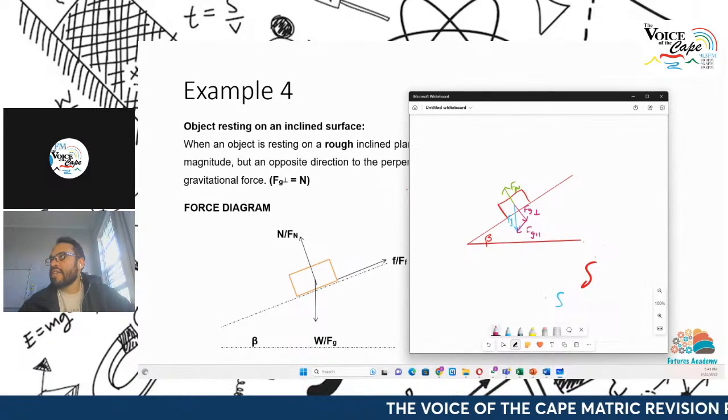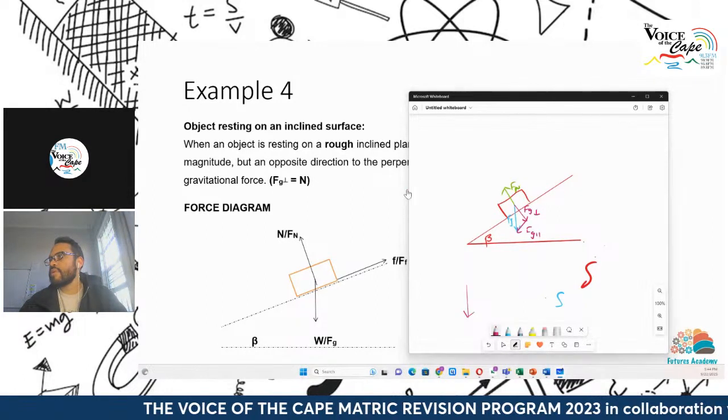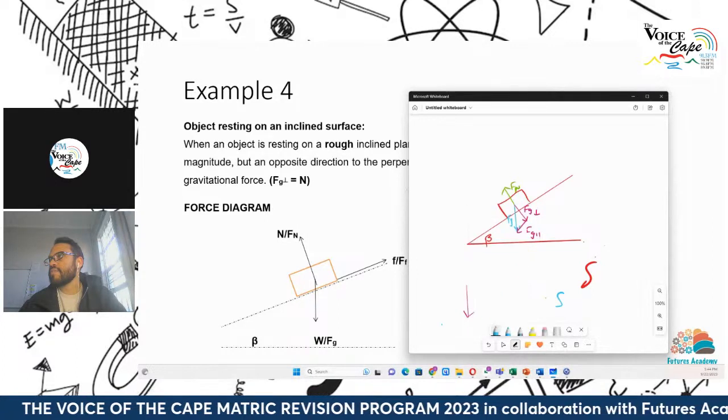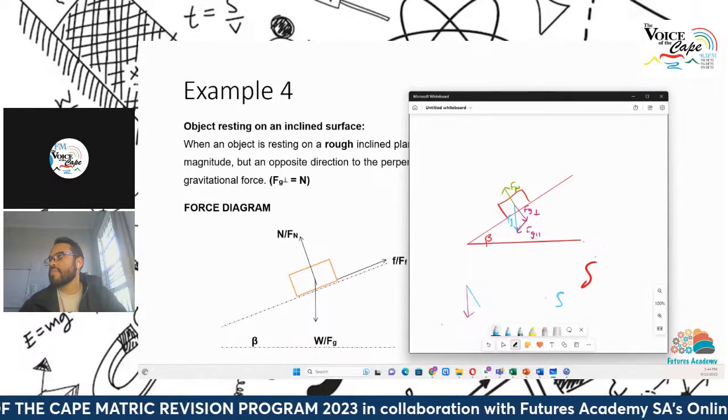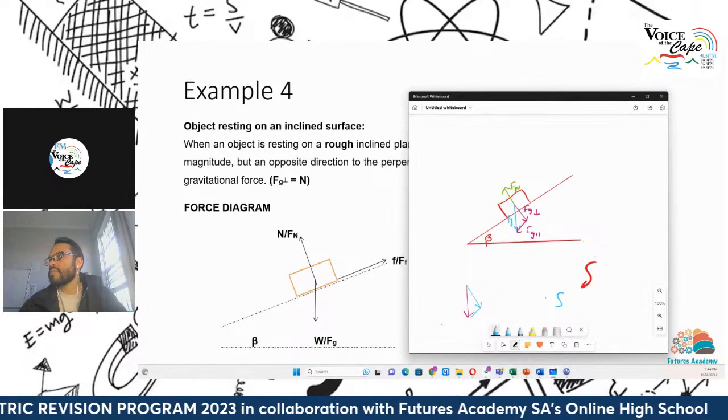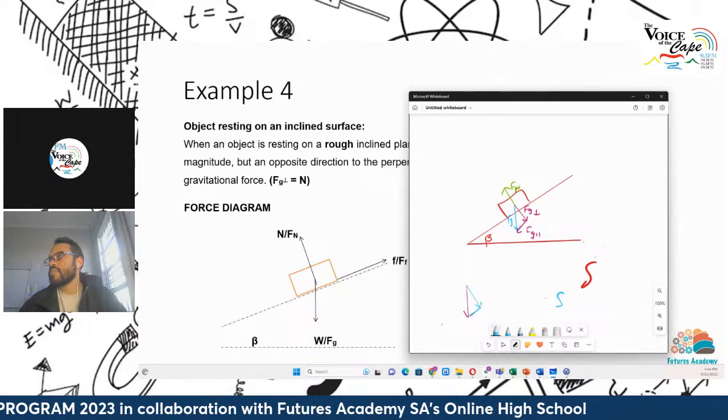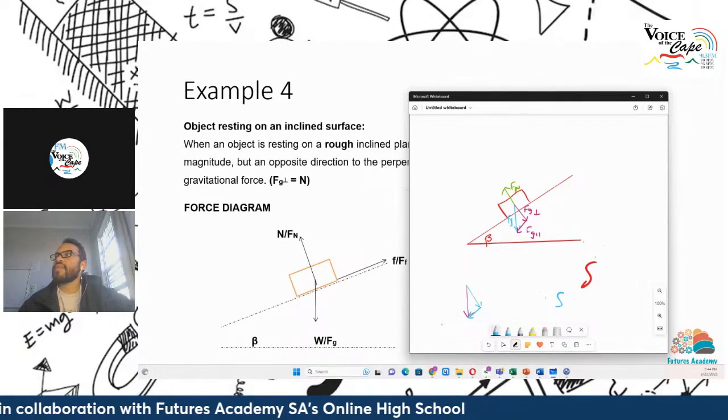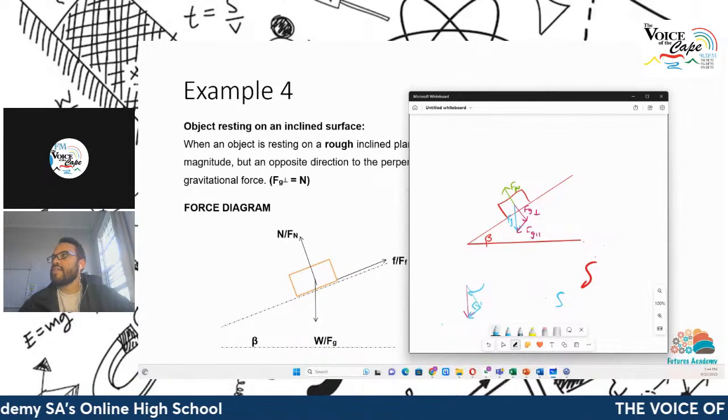Now, if you draw that triangle, that looks like this, the blue one that you see over there, right? You'll notice it's a right angle triangle. This angle that's in there is beta, the same one that you see over here.